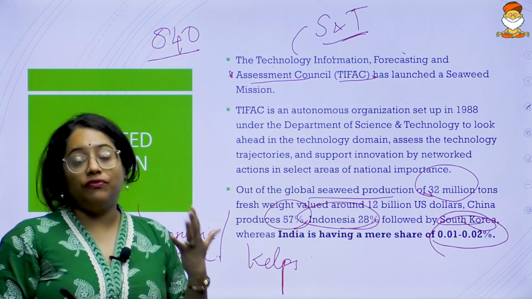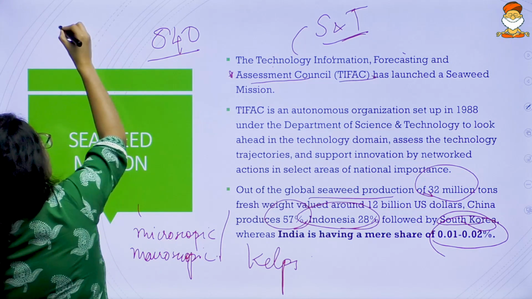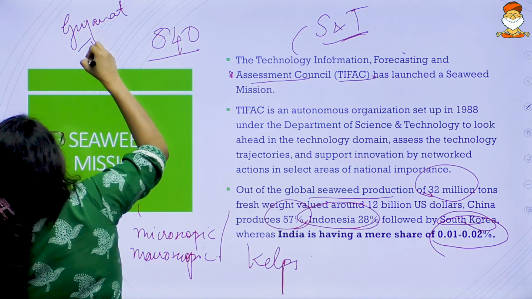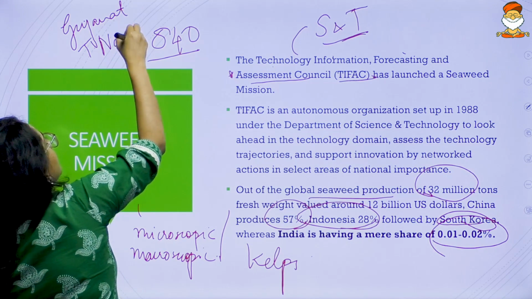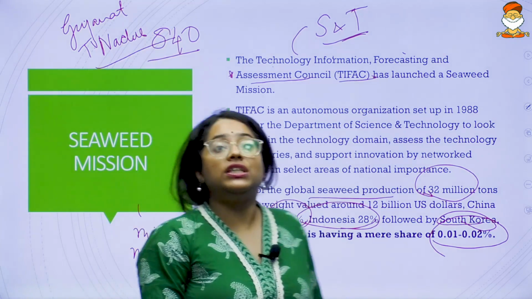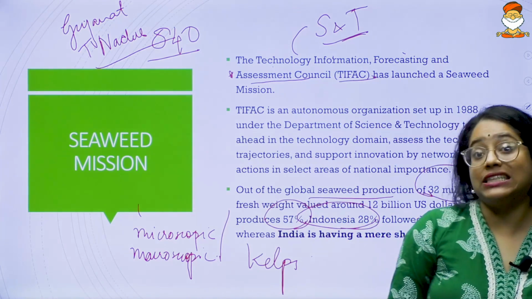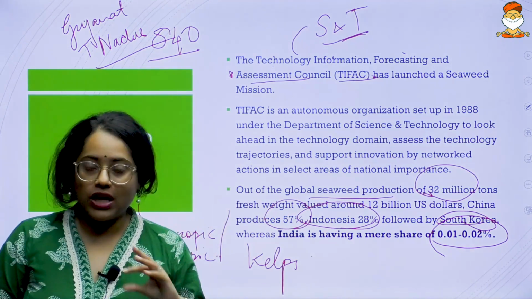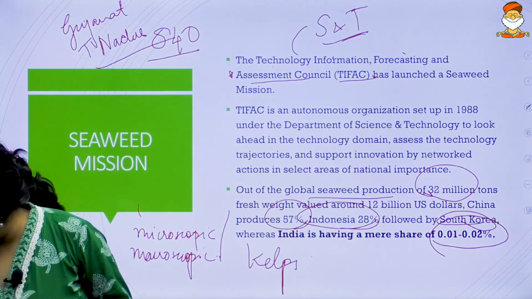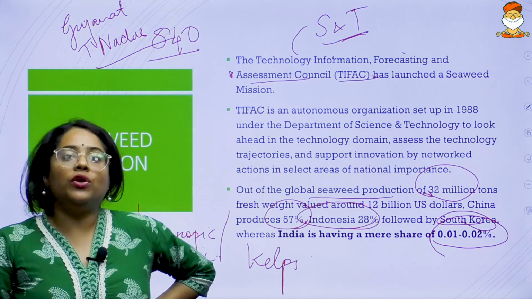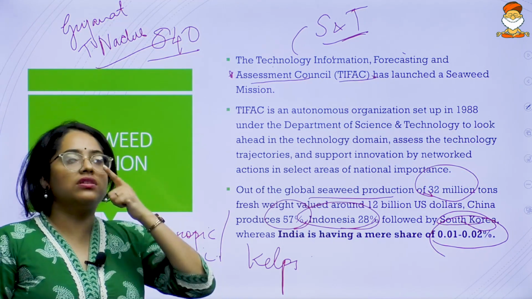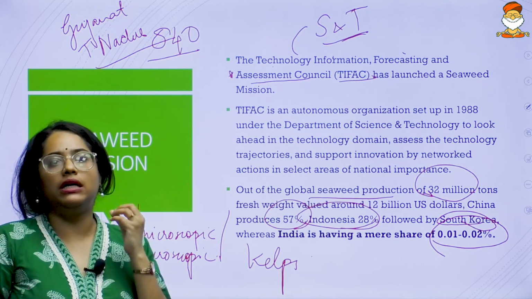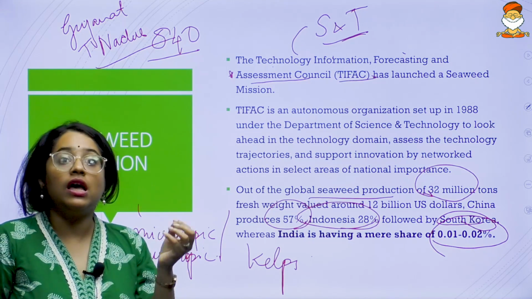Very abundantly, you see seaweed along the Gujarat coast and the Tamil Nadu coast, extensively, and then you see it in Andaman and Lakshadweep also. And what are the benefits of it? When you look into the benefits, seaweed is abundant in vitamins and minerals.